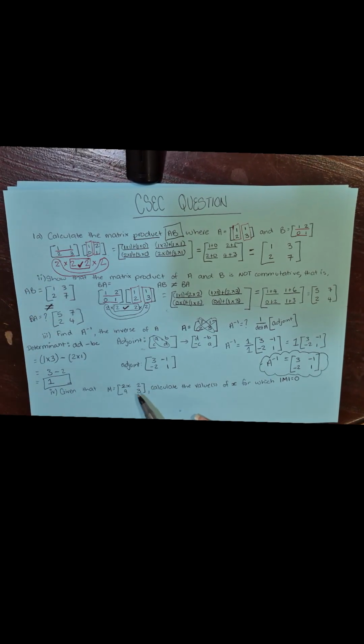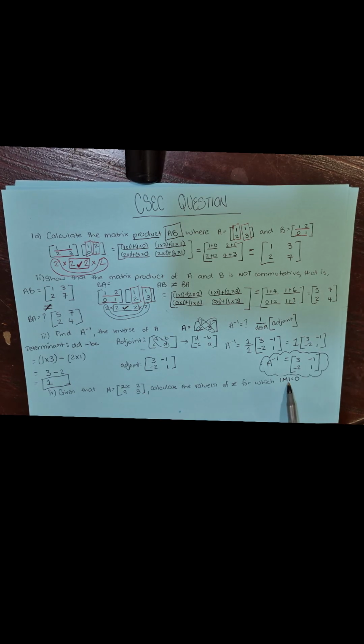And you just multiply each thing inside the matrix by the scalar. So 1 times 3 is 3. 1 times negative 1 is negative 1. 1 times negative 2 is negative 2. 1 times 1 is 1. And this is our inverse.